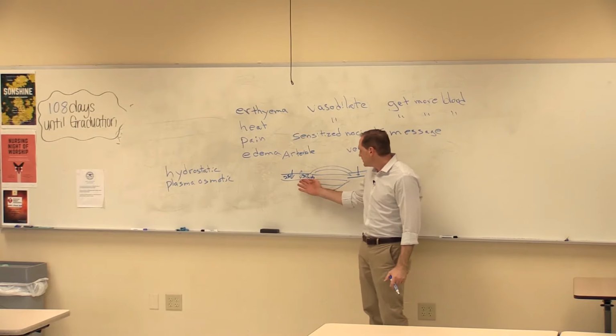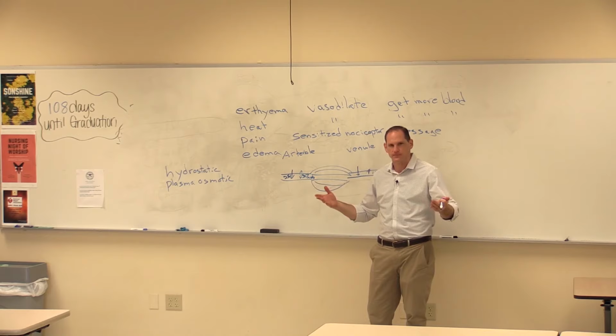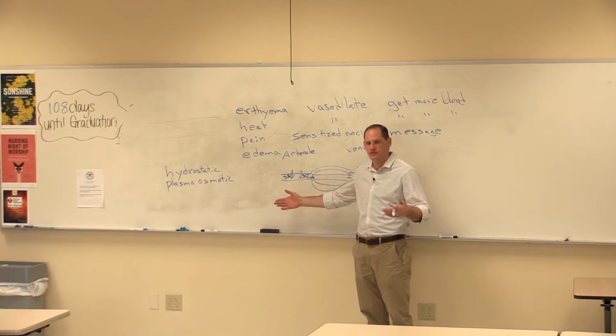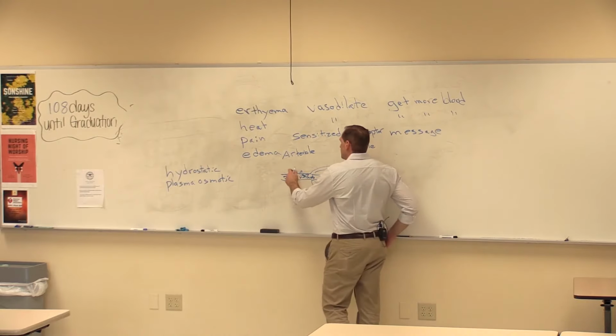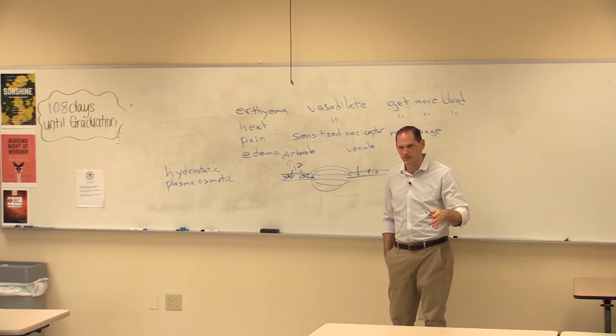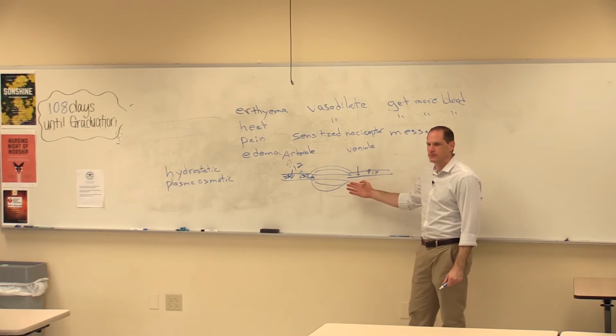Now, if you subtract 25 from 37, what's the net? 37 minus 25 is about 12. All right, so you have 12 pushing out, more or less on average over here. Does that make sense? Now, have you lost proteins through the capillary bed?